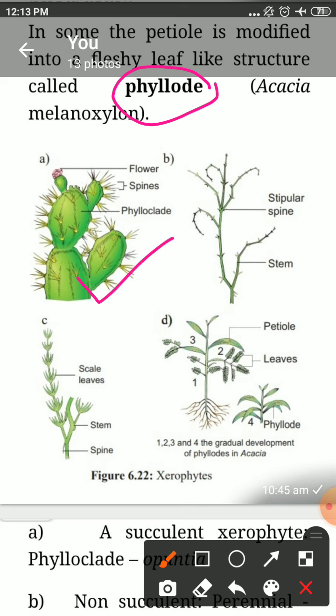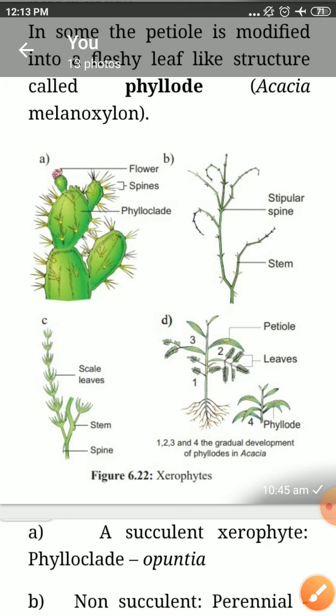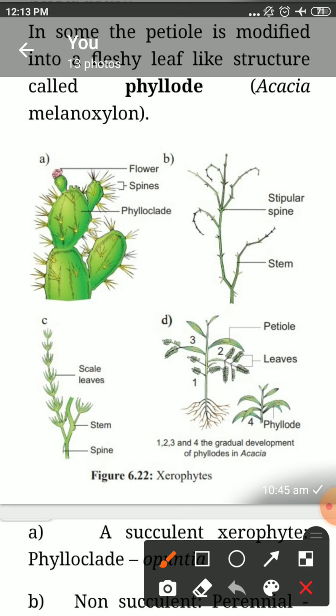The morphology of the plant looks like leafy structures placed one above the other. This leafy stem is a modification of the stem called a phylloclade. So this is a morphological adaptation seen in plants, and it is also spiny.